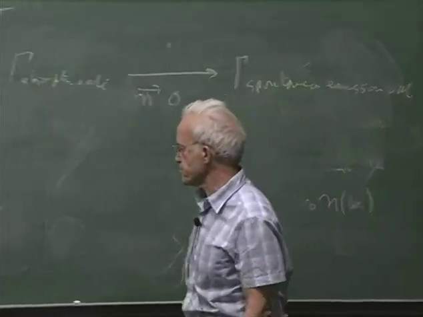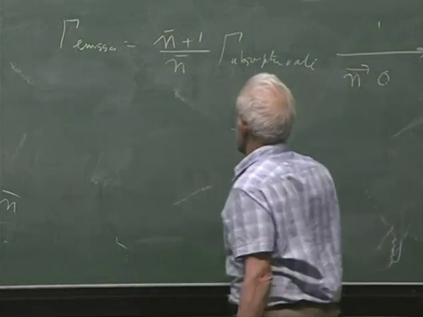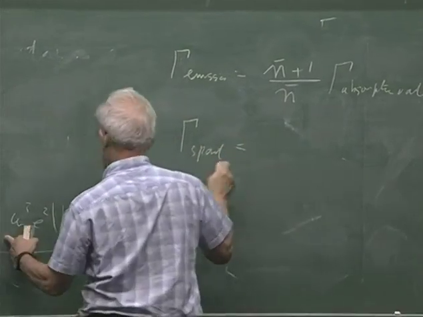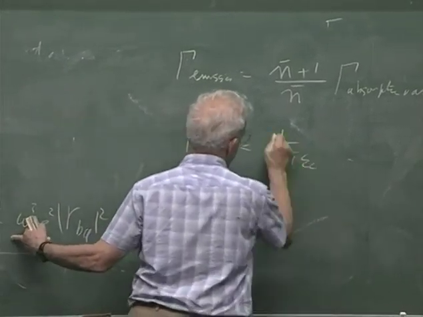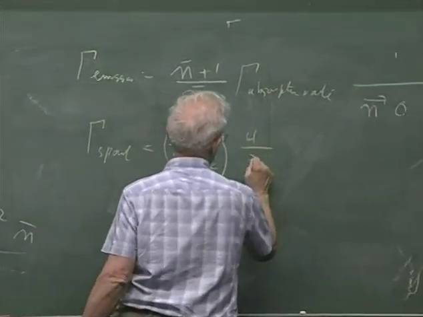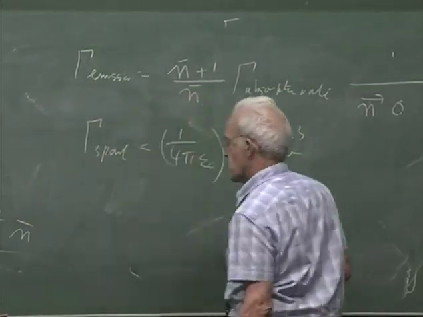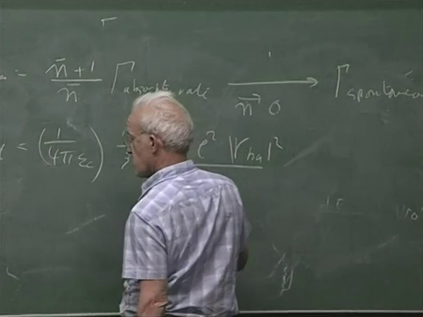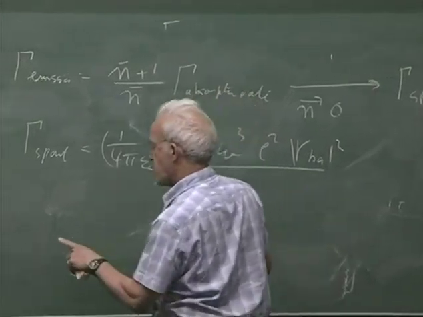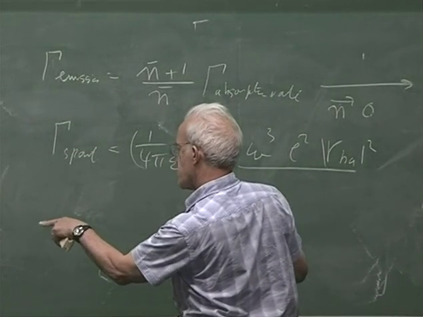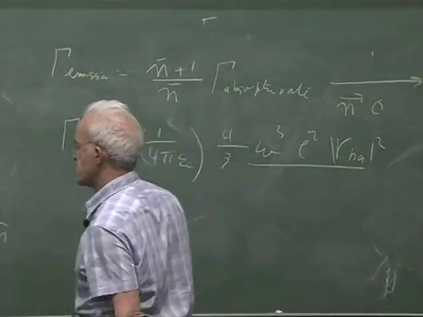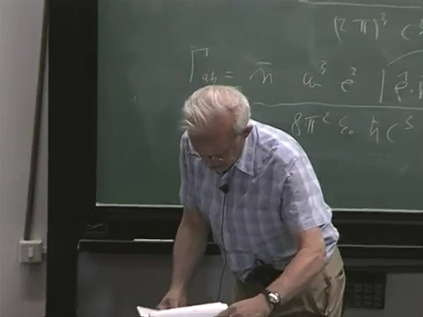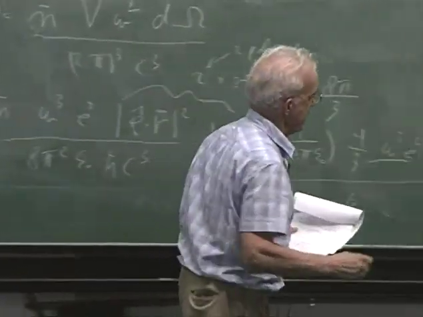So gamma spontaneous is just this thing, 1 over 4 pi epsilon naught times 4/3 omega cubed E squared R_BA squared over, there must be an omega squared over C cubed downstairs, I guess. Right down there. Yeah, it's H bar C cubed.